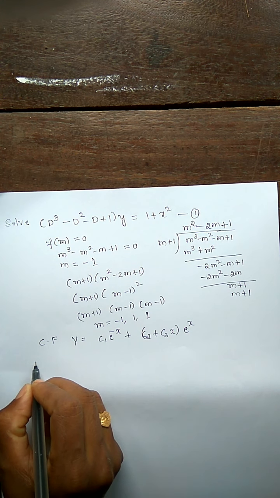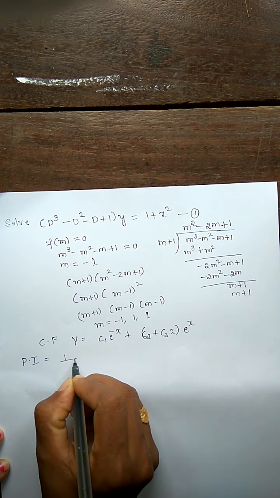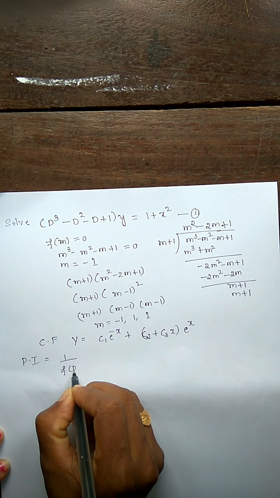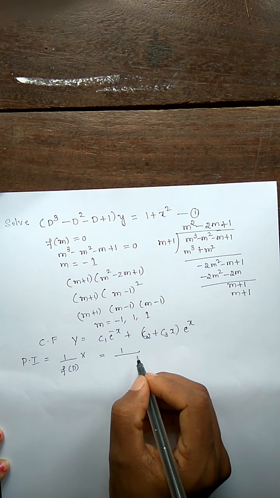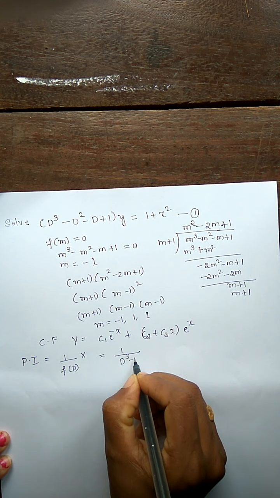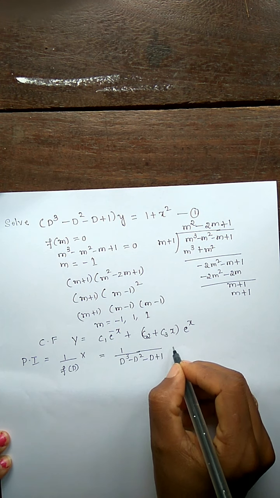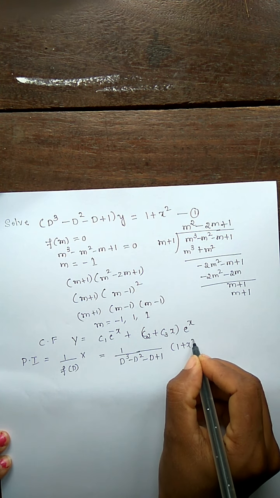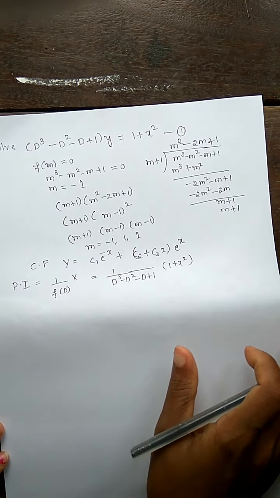Now we shall find the particular integral. Particular integral is equal to 1 by f of D into X, that is, 1 by (D cube minus D square minus D plus 1) into 1 plus x square.